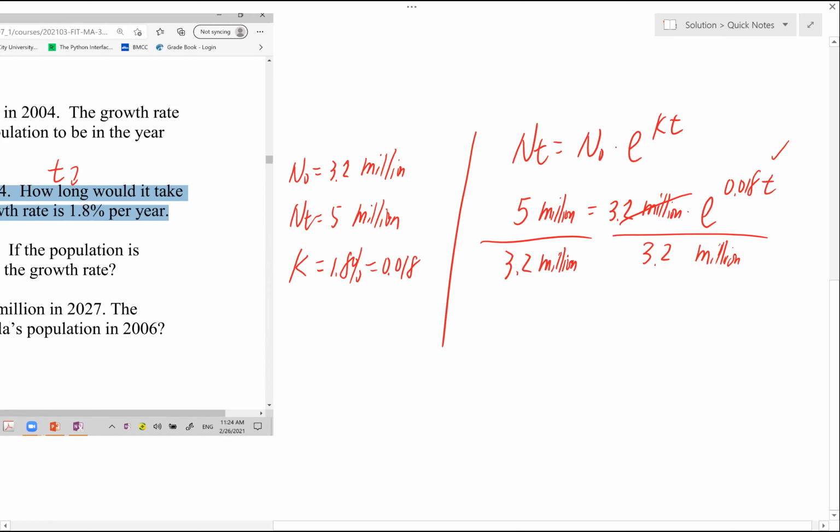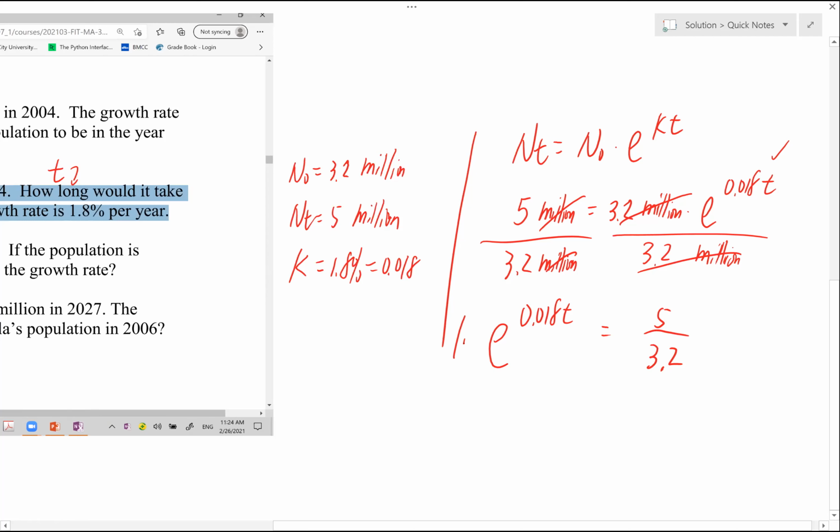We cancel the coefficient in front of it, and on the other side cancel the unit million. So e raised to 0.018 t equals 5 over 3.2. If you don't want to turn it into a decimal, leave it as is, since it's a more accurate answer. From there, we take the ln of both sides of the equation.